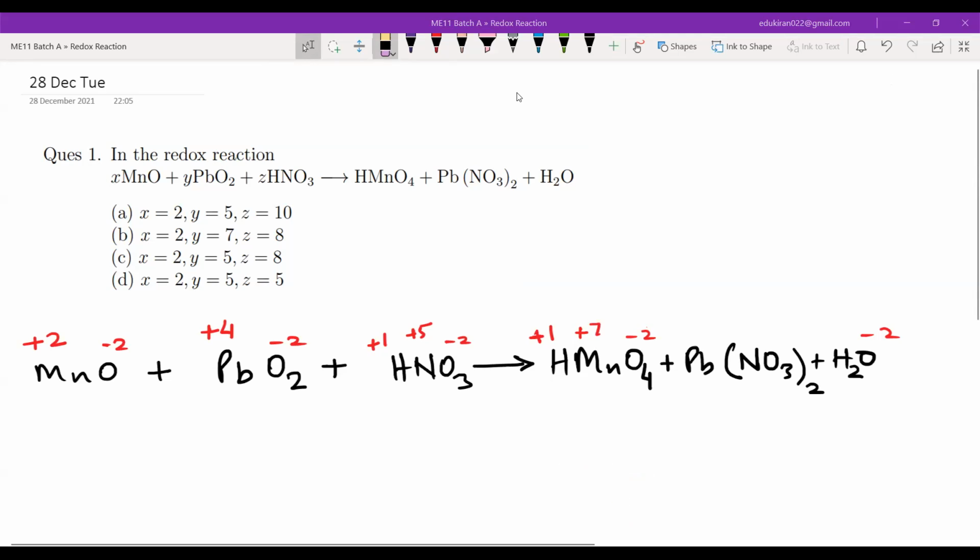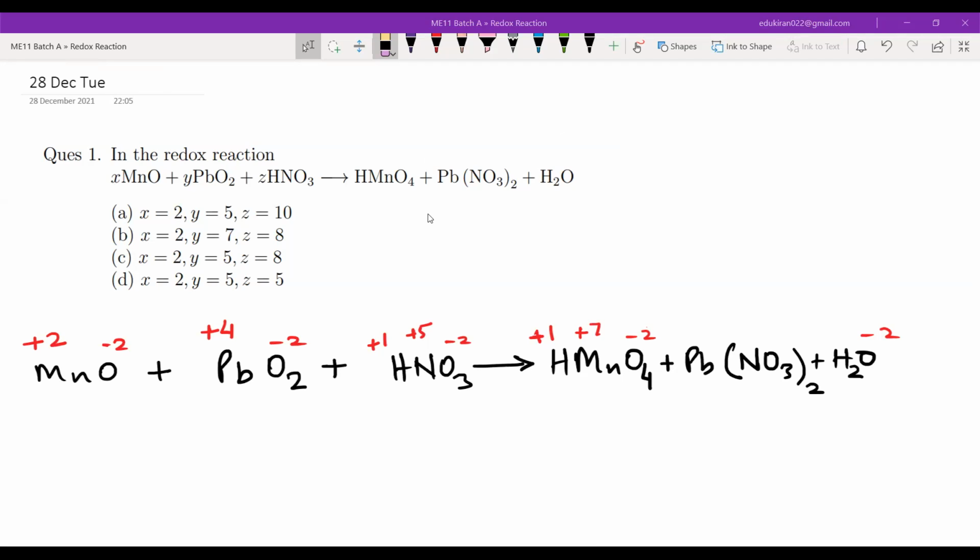This will be +1 obviously, hydrogen. Yes, Fahim, can you calculate for Pb here? Sir, I'm doing it. Will it be 5? I don't think so. What is the charge on NO3?